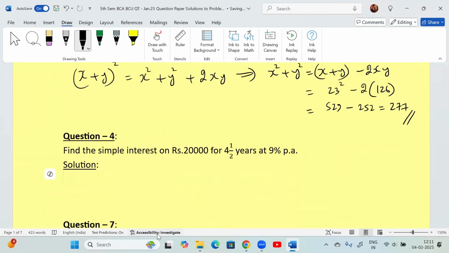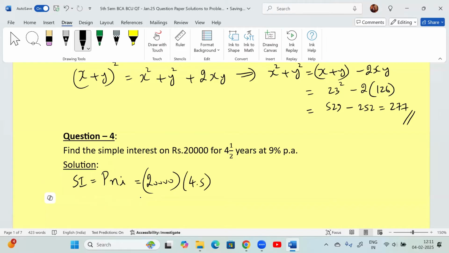Question 4. Find the simple interest on rupees 20,000 for 4.5 years at 9% per annum. Simple interest is defined as P into N into I, where P is the principal. Here principal is 20,000. N is the period, number of years, so it is 4.5.